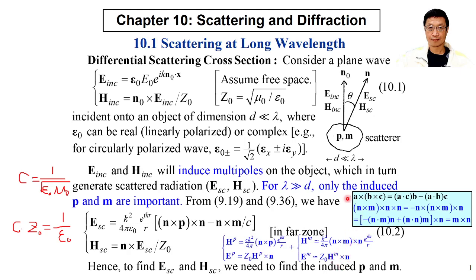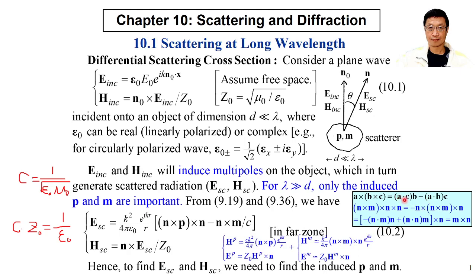We can use the triple vector product identity: A cross B cross C equals A dot C times B minus A dot B times C. So N cross M cross N cross N equals, let's switch the order, minus N cross M cross N, and the first term equals A dot B times C. Let's consider this term first.